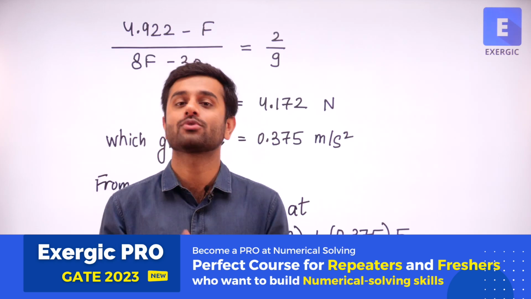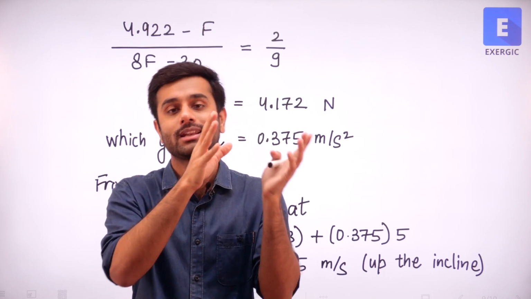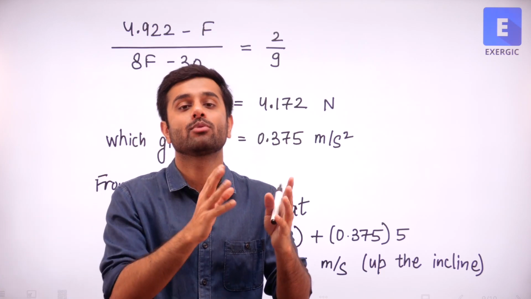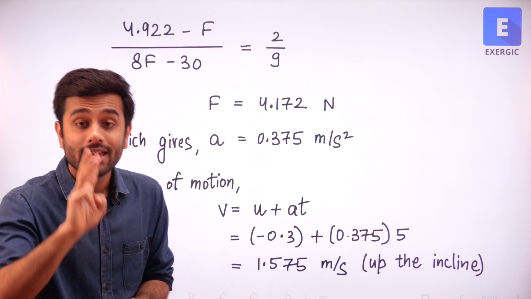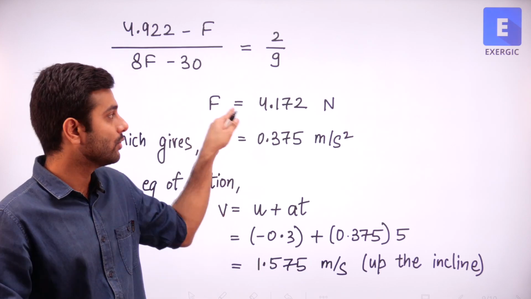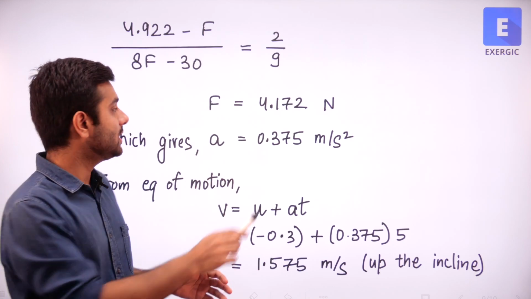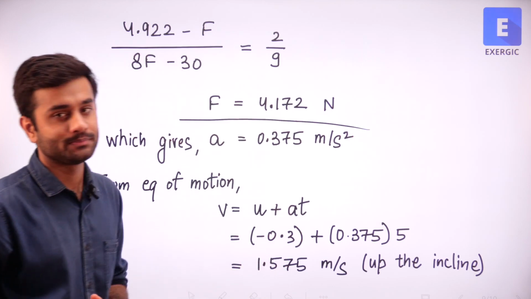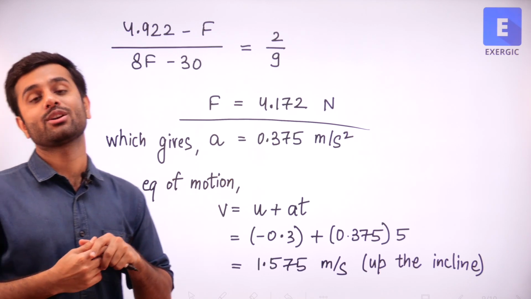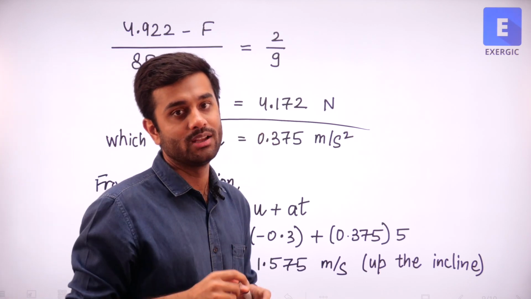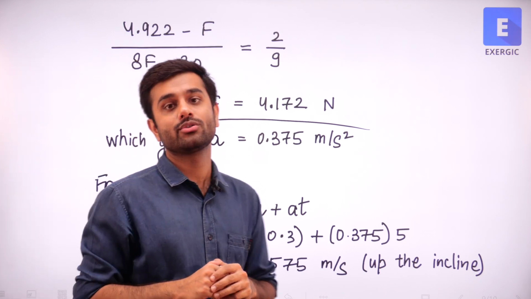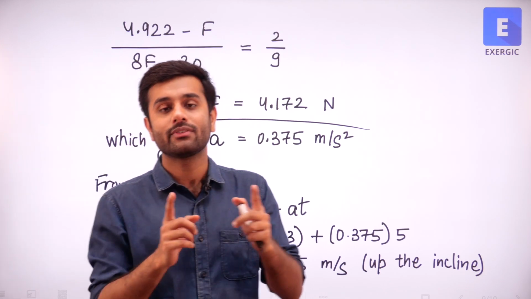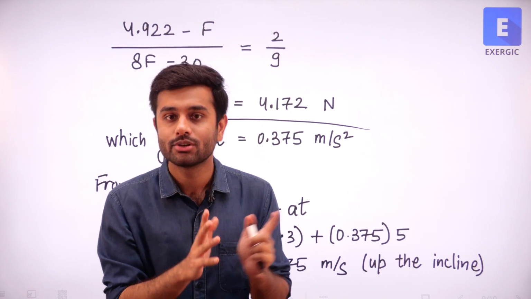Otherwise, whatever other approach you use, force of friction will come either in the form of force or in the form of moment, right? The third method that we are going to discuss is again going to have this force, because everything we do till this point is going to remain the same. But after that we are going to use the work energy theorem. Rather than using the equation of motion, we are going to use the work energy theorem that will lead us to the right answer.